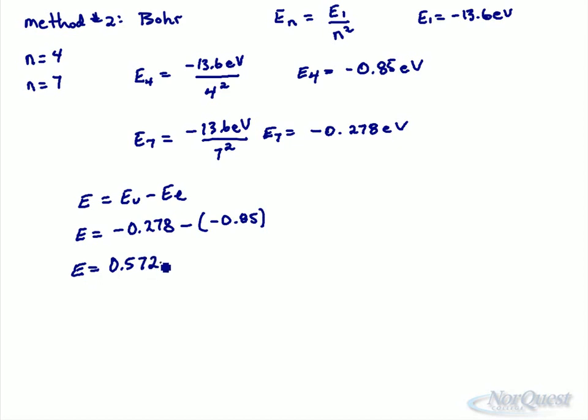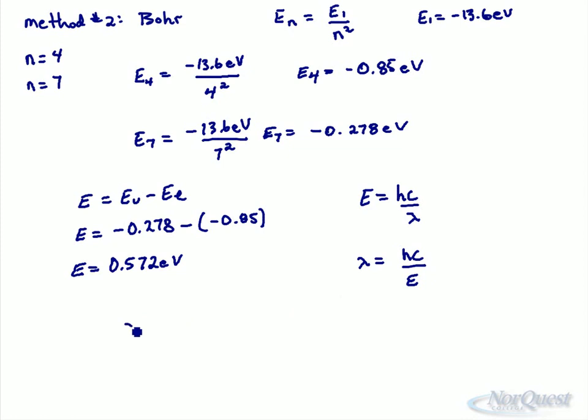Then Bohr would go to Planck's formula and say that energy equals hc over lambda. So lambda equals hc over energy. You can see it's a lot more complicated in this method, but I'm going to prove to you it will give us the same value.